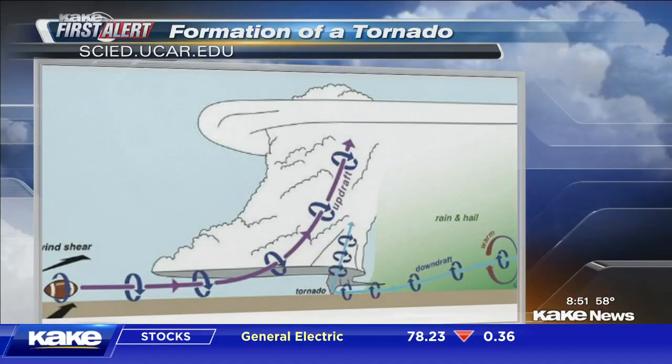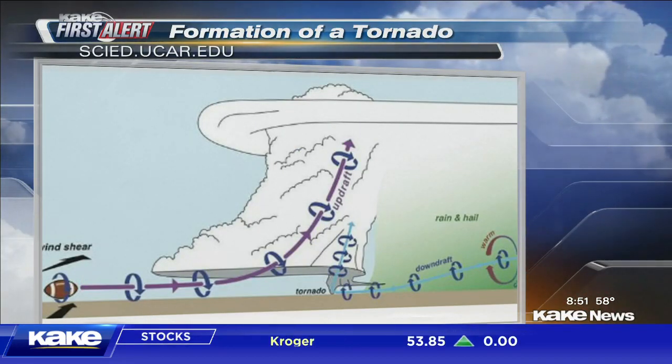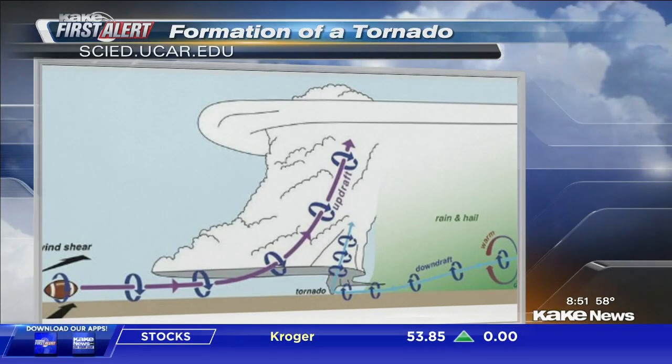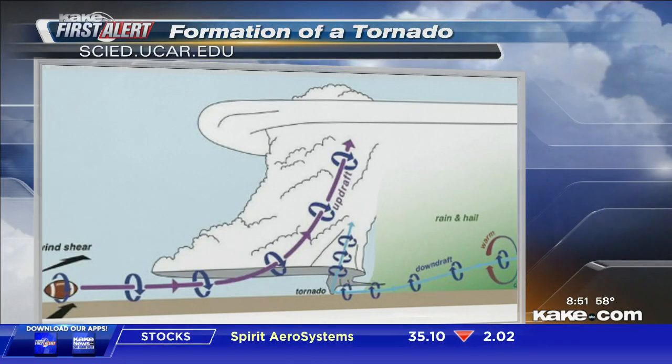But another element is called wind shear. And as you look behind me here, you can see that they've got that little football there, I guess. But the wind shear means that we have a rapid change in speed and direction with height. It starts off horizontally in that, but as the thunderstorm builds up, we see the strong vertical updrafts.